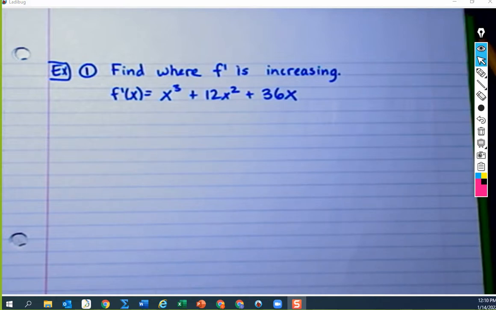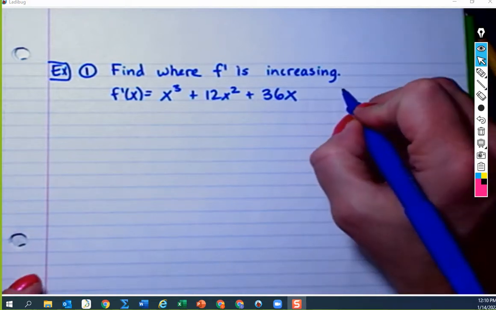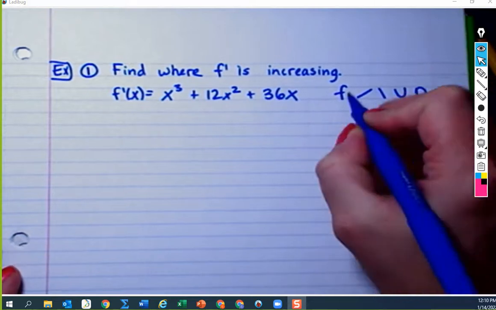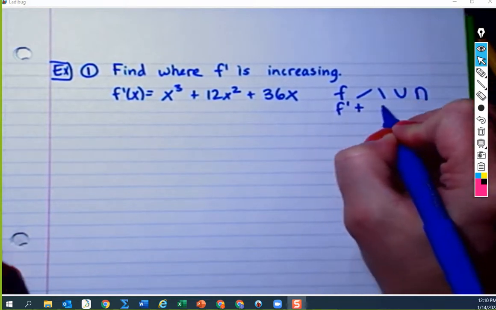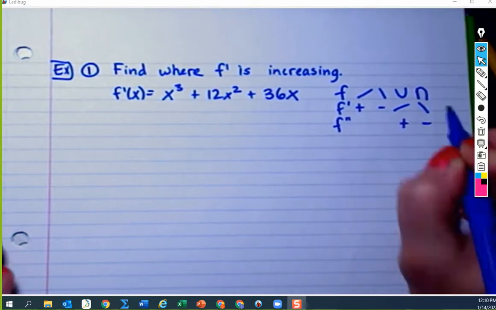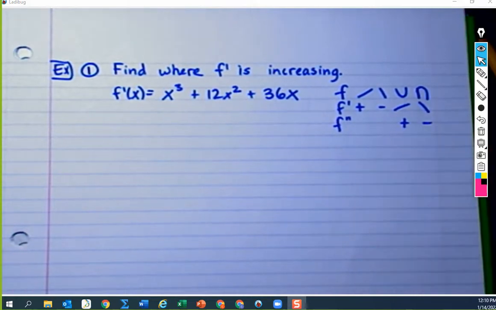Well, you can write the fun chart, and the fun chart's going to help you write your sentence. So F, U, N: F prime plus minus up down, double prime plus minus. Woo, fun chart.